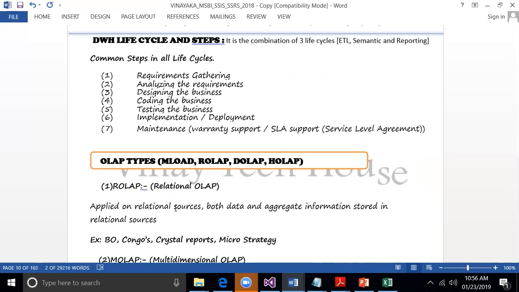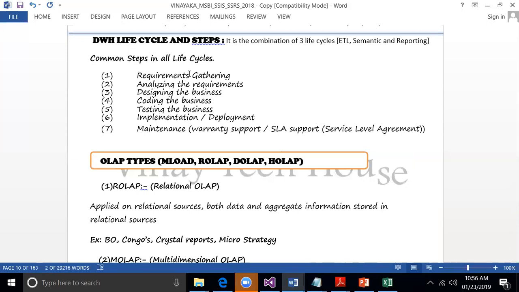Software development life cycle, high level steps: requirements gathering, analysis, design, coding, testing, implementation, maintenance, service level agreement. If you are working in an OLTP project where you have front end and back end, you are the person to design the front end, and you are the person to write code which contacts the database.